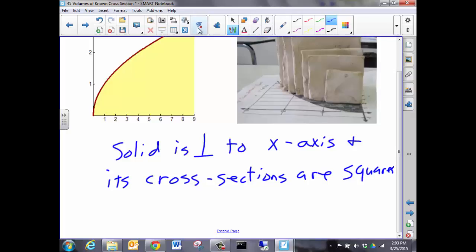Okay? Perpendicular to the x-axis, and the cross sections are squares.